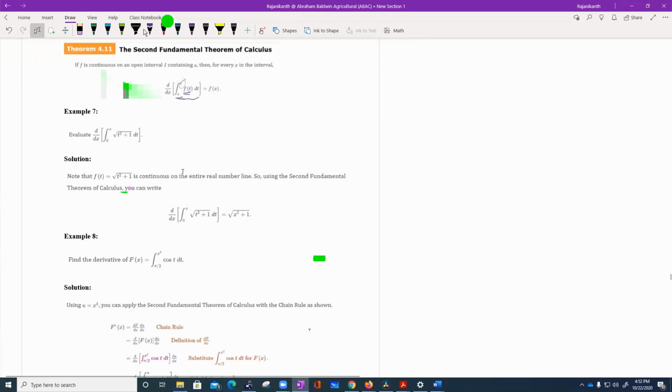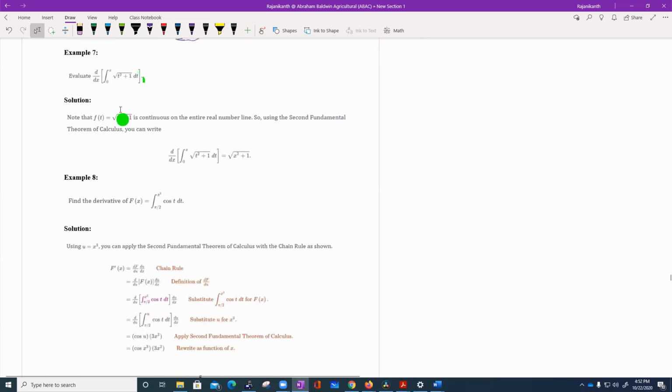So you could use the second fundamental theorem of calculus for a continuous function, right? If you apply that theorem here, remember the given integral has the variable t, but after finding the antiderivative of this function, you will get a function in terms of t. Then you plug in the limits 0 and x.